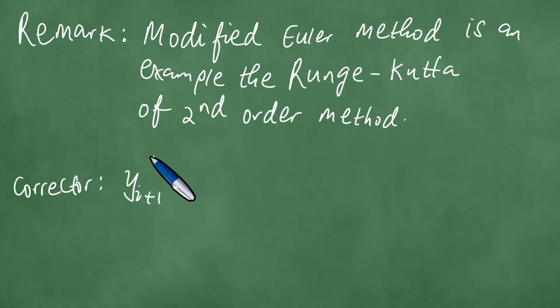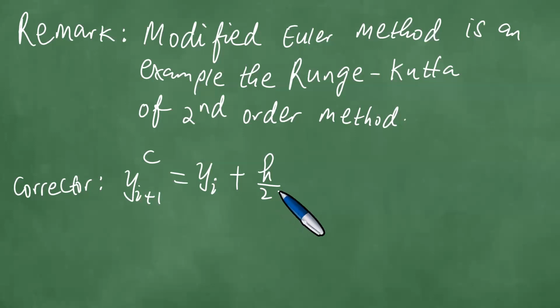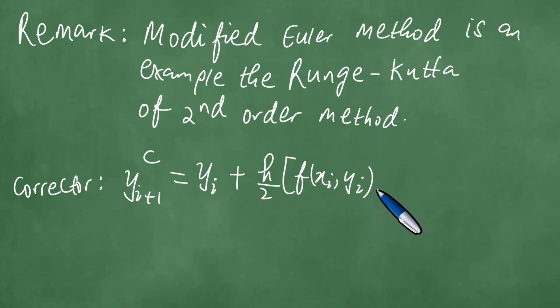So you have y_{i+1} equals y_i plus h over 2 times f(x_i, y_i) plus f of x_{i+1}.